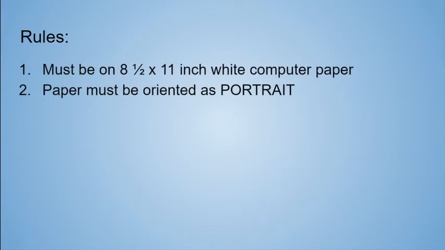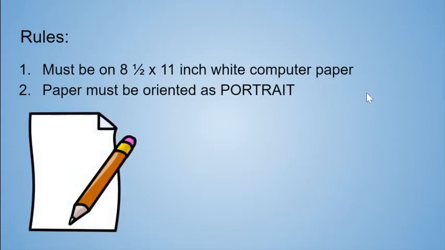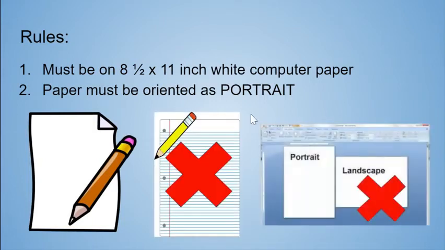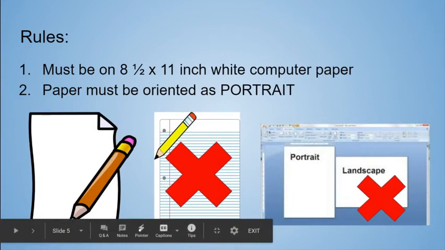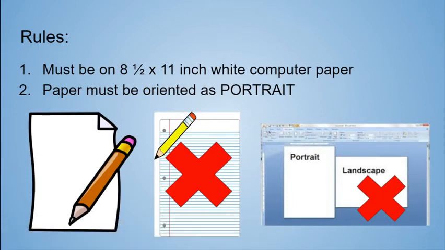First of all, it must be on 8.5 by 11-inch white computer paper. And the paper must be oriented as portrait. So they will only accept designs that are on blank computer paper. Do not draw on your notebook paper that has lines on it.